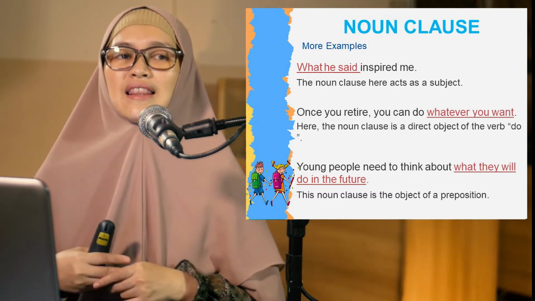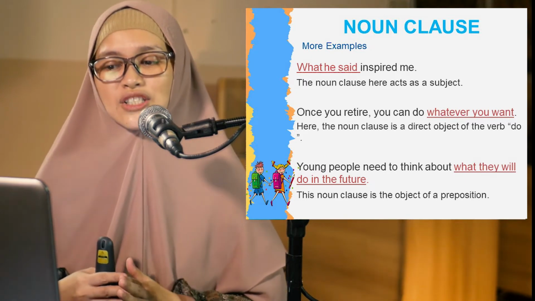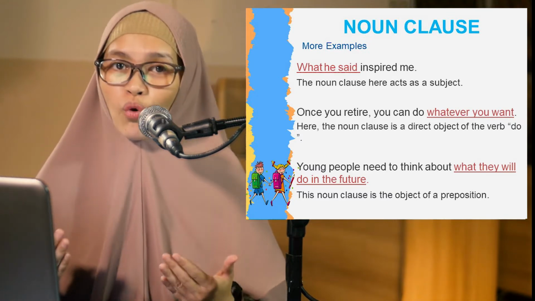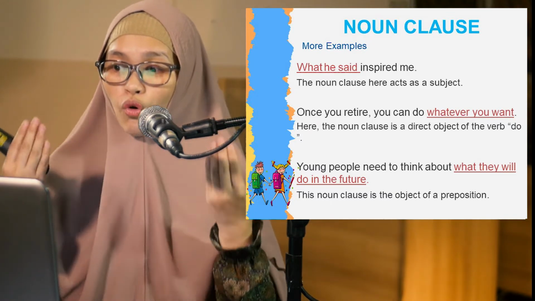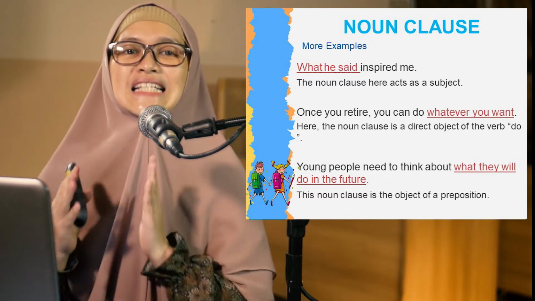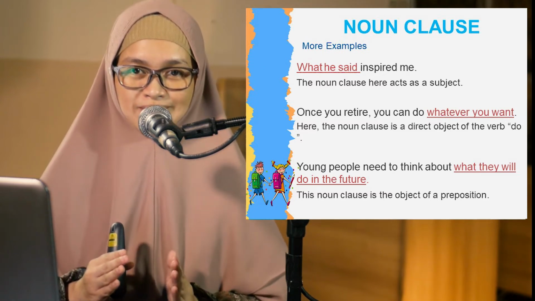And then the next example is: once you retire, you can do whatever you want. Here the noun clause whatever you want is the direct object of the verb do.